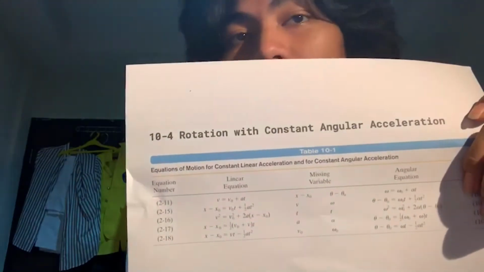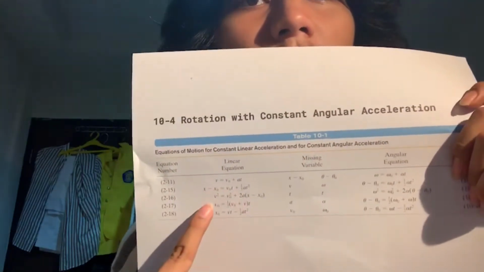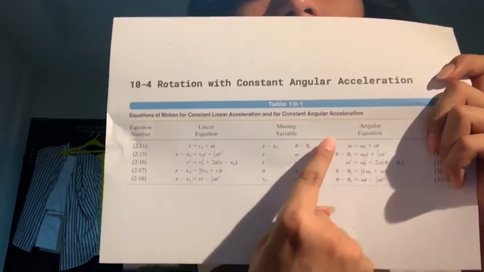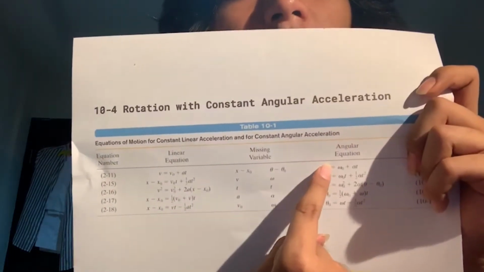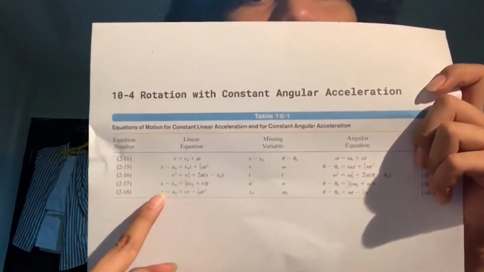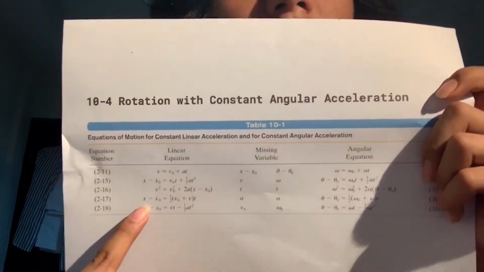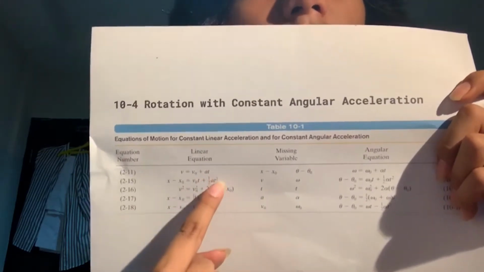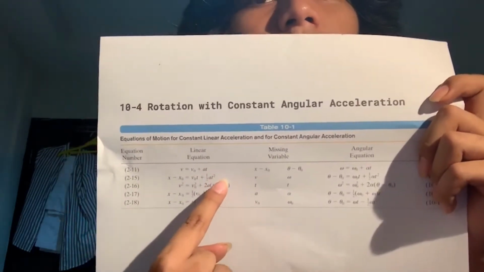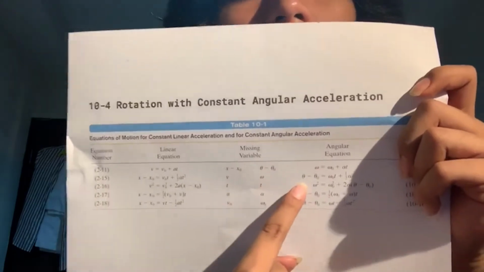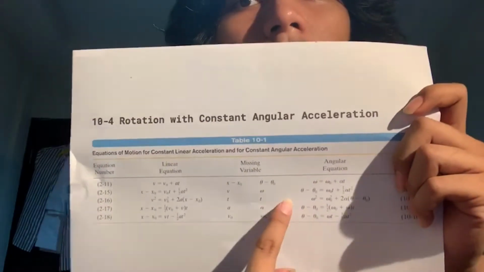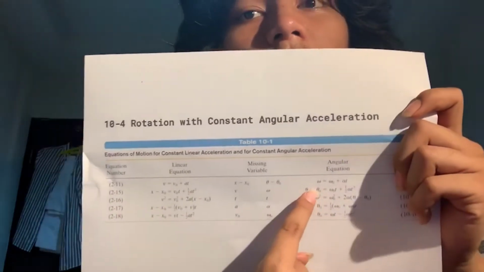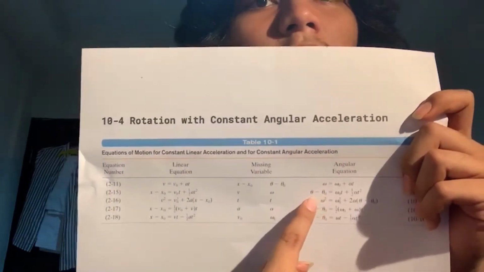The first one is when the linear equation is v equals v0 plus a times t, the angular equation is omega equals omega 0 plus alpha times t. The second one is x minus x0 equals v0 times t plus half times a times t to the power of 2, which corresponds to theta minus theta 0 equals omega 0 times t plus half times alpha times t to the power of 2.